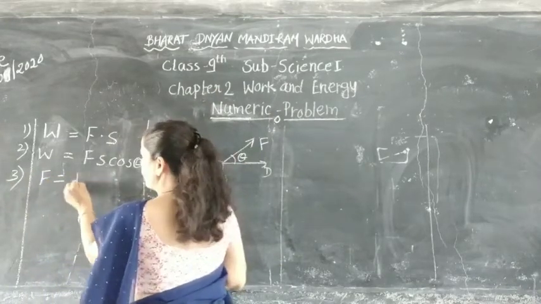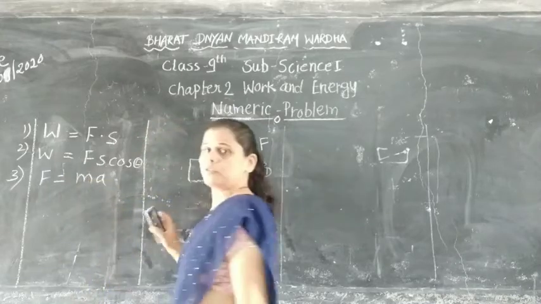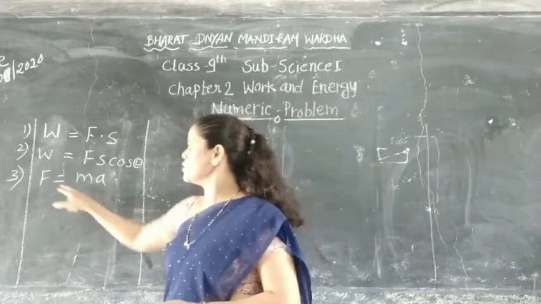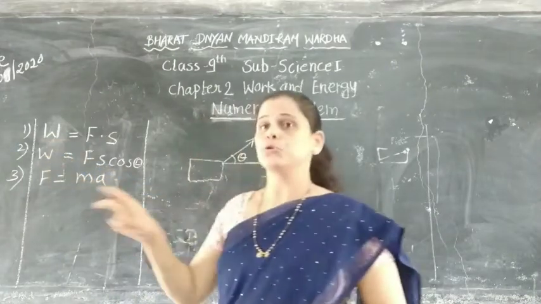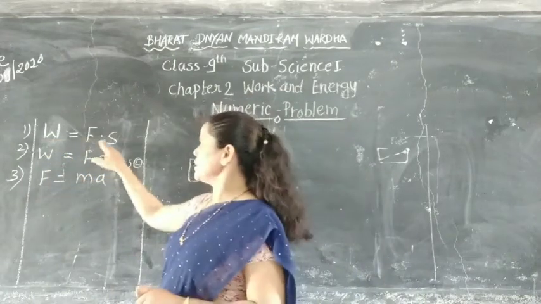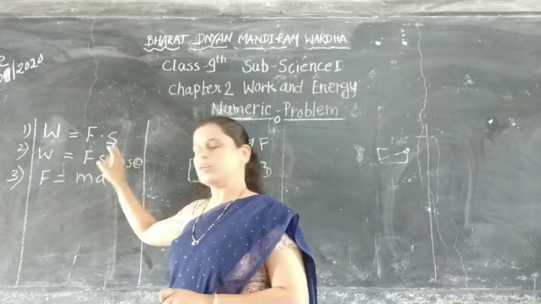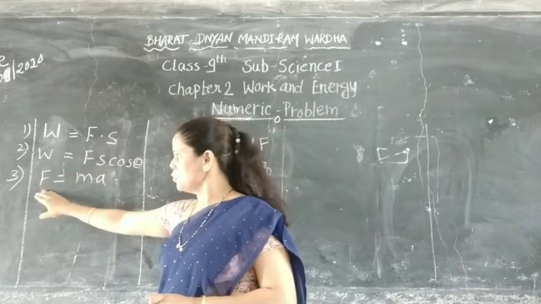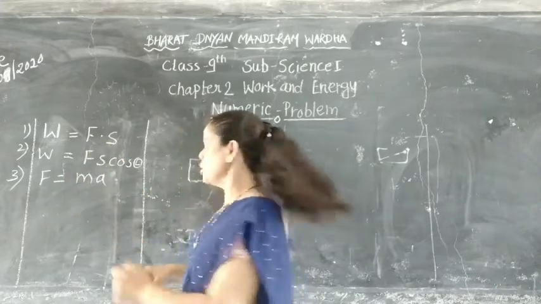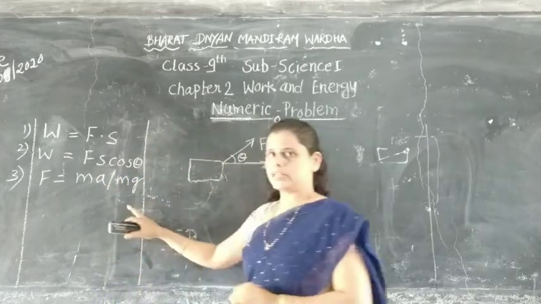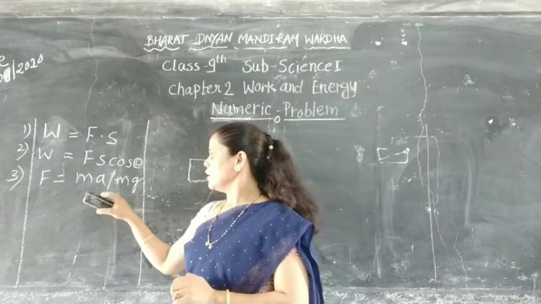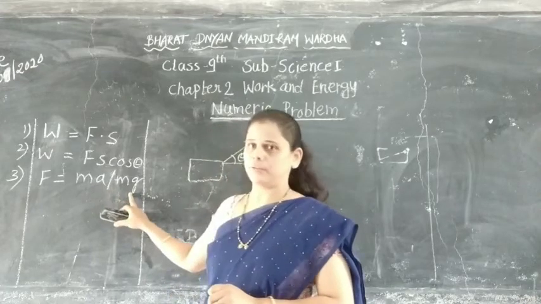Force equals to Ma, from Newton's second law. Because we have to calculate work done, we need force and displacement. So first calculate the force, that is Ma, or mg we can write. Understand? The g is the acceleration due to gravity.